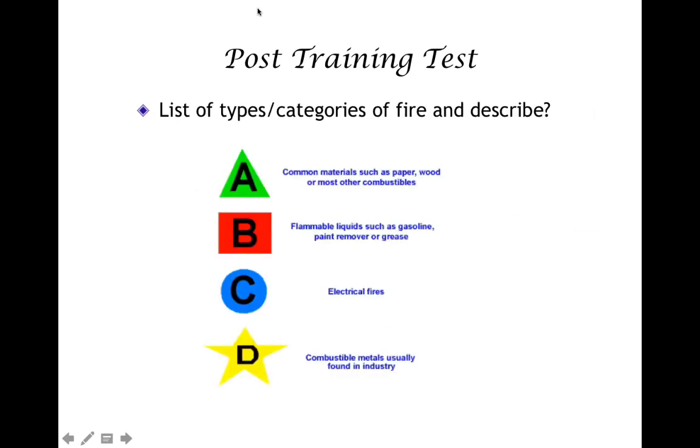These are the different categories of fire which we discussed: common material, flammable liquid, electrical fires, and combustible matter.